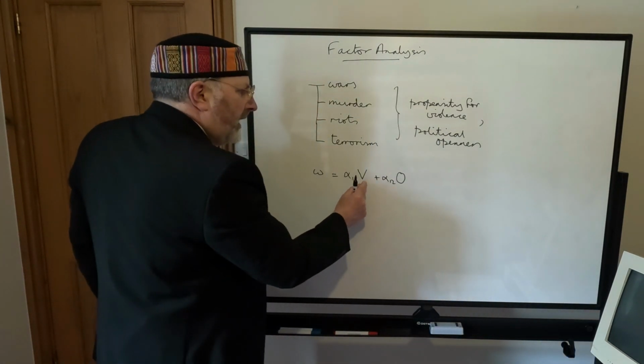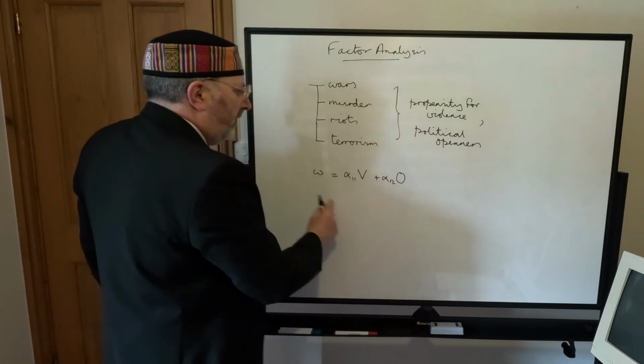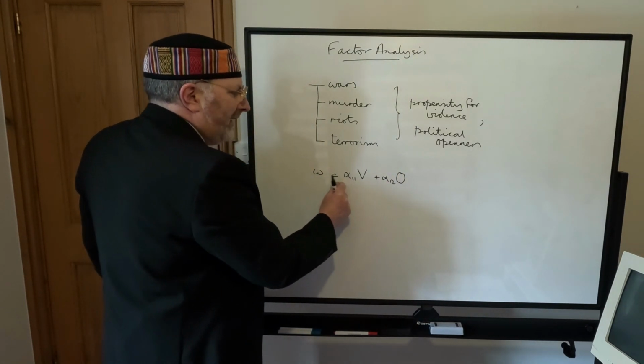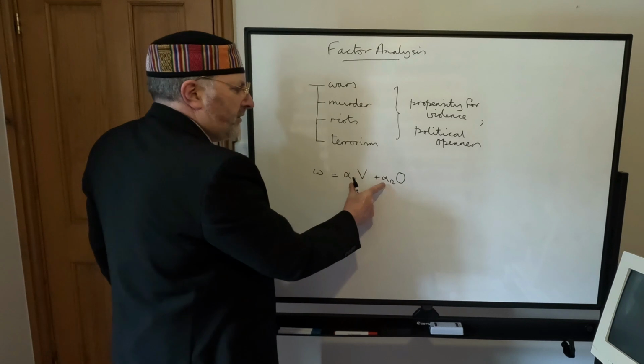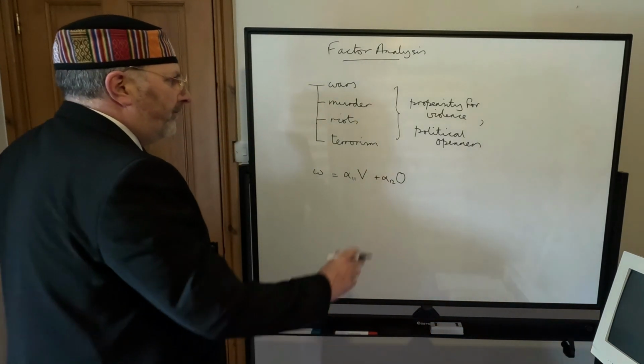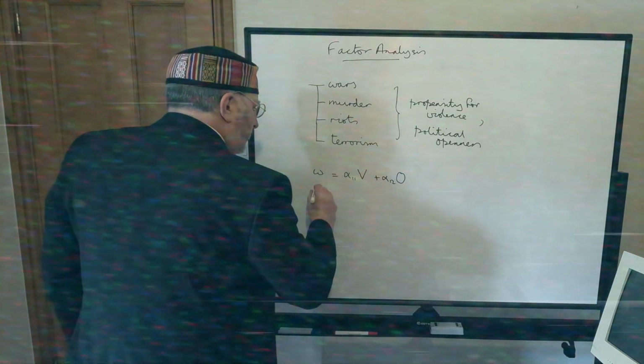So our factors of violence and openness affect wars, or are related to wars, by these 2 coefficients, alpha 1,1 and alpha 1,2. And the same for the other variables.